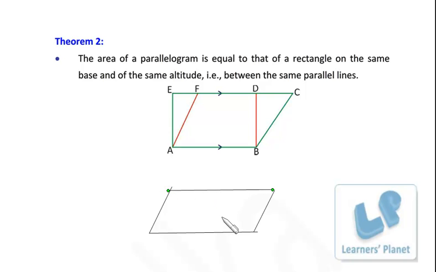So the area of the rectangle and the area of this parallelogram will be the same because I have not changed the altitude, I have not changed the length of the base. Okay, what is the area of a rectangle? That is length into breadth, or we can say height into length, right? And the same is for a parallelogram. Okay, so I hope that's clear to you.